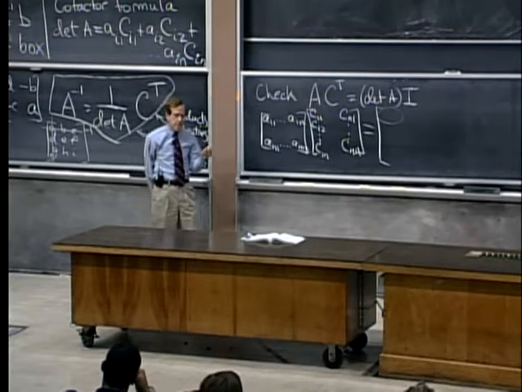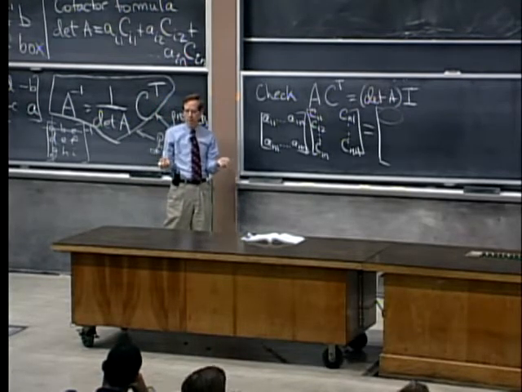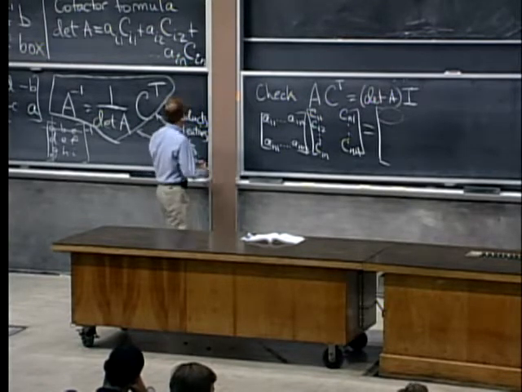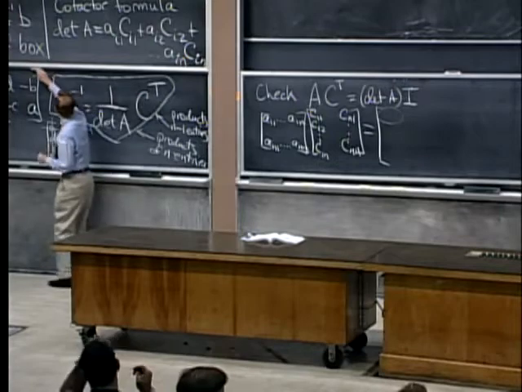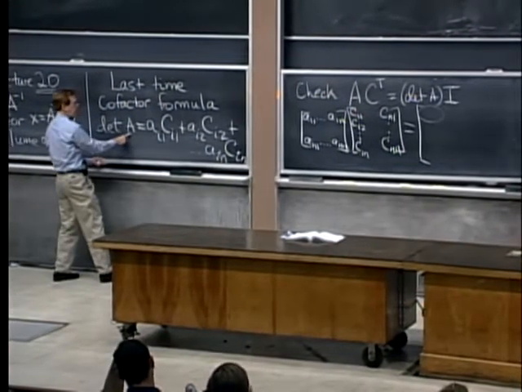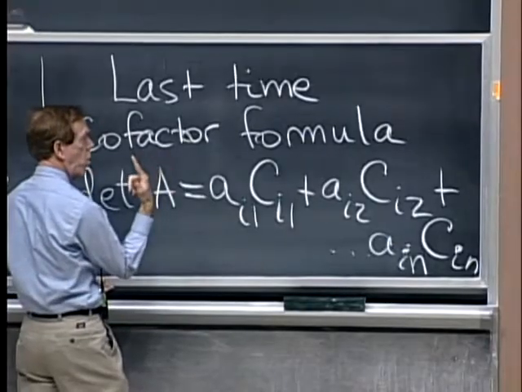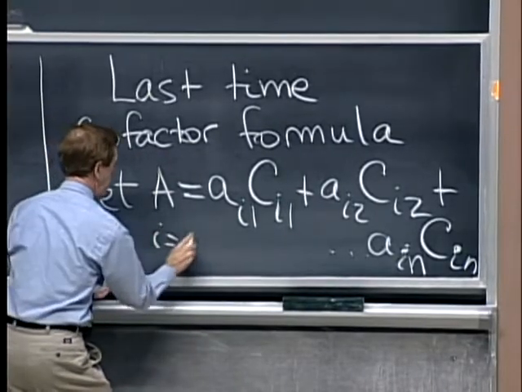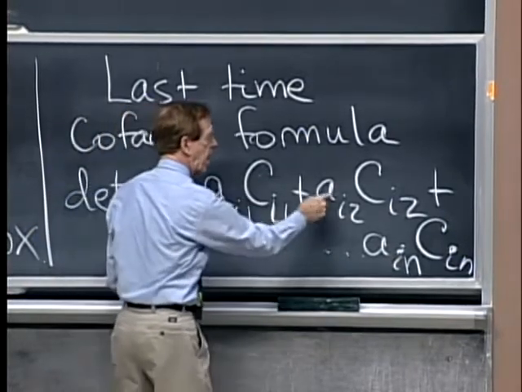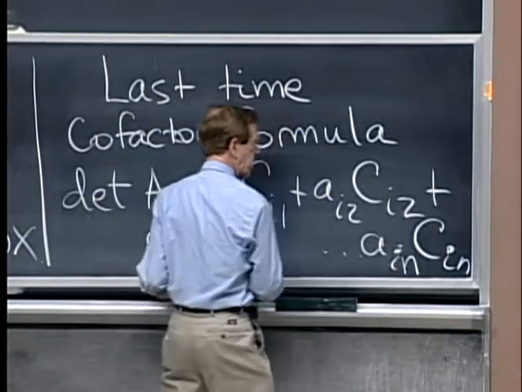That's the cofactor formula for the determinant. That's the cofactor formula which we got last time. The determinant of A is, if I use row 1, let i equal 1, then I have A11 times its cofactor, A12 times its cofactor, and so on.